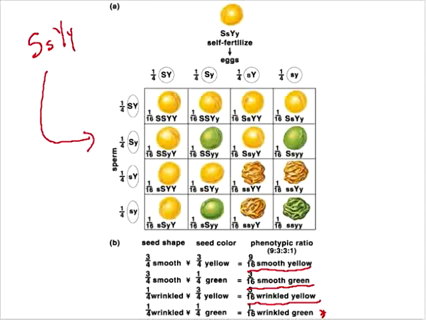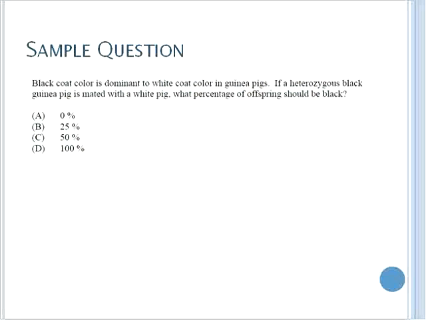Again, this is the characteristic ratio you get from all crosses involving heterozygous individuals for 2 traits. Past public examinations have yielded questions on this topic quite frequently.